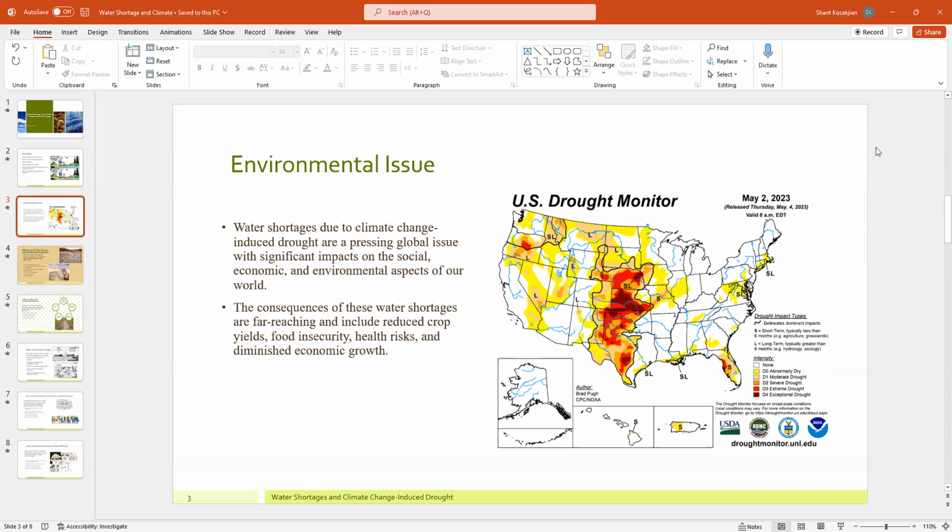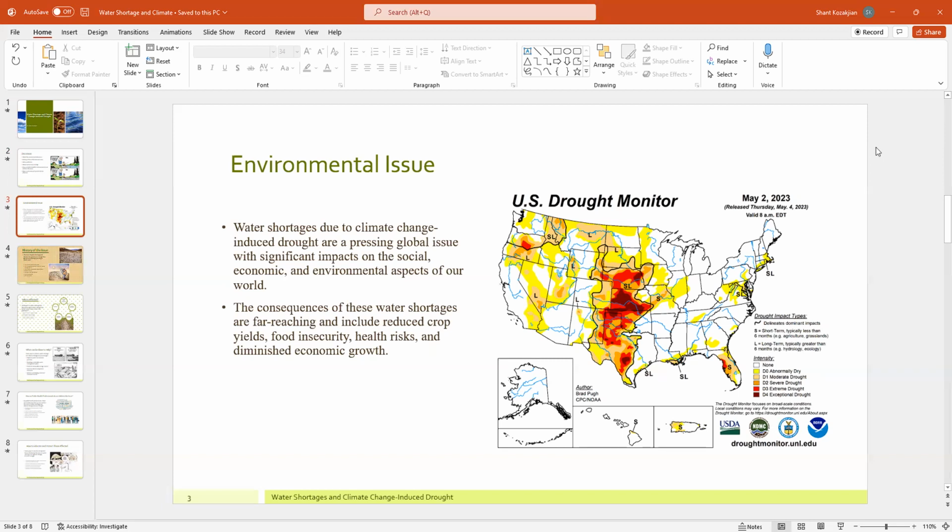Water shortages due to climate change-induced drought are a pressing global issue, which has significant impacts on social, economic, and environmental aspects of our world. With changing weather patterns fueling a rise in temperature, drought events are becoming more frequent and severe, significantly reducing the availability and accessibility of freshwater resources.